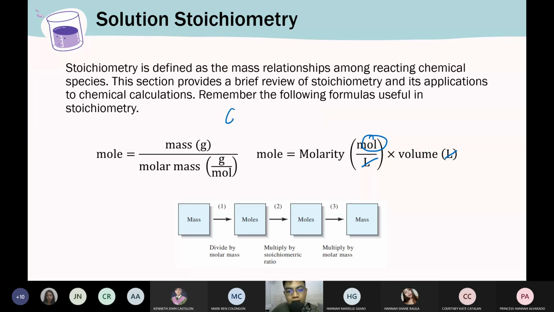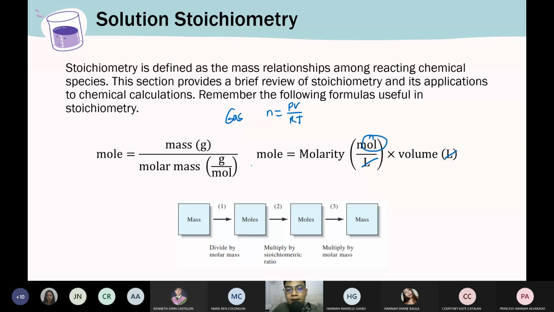Noong gases, remember, noong nag-gases tayo, may gas stoic din, di ba? Wherein you can get the mole of the gas by using the ideal gas equation, PV = nRT, di ba? So, to get the moles, that's just pressure times volume over RT. So, ganito din. No? So, sa solution, instead of using the gas equation, we use molarity.